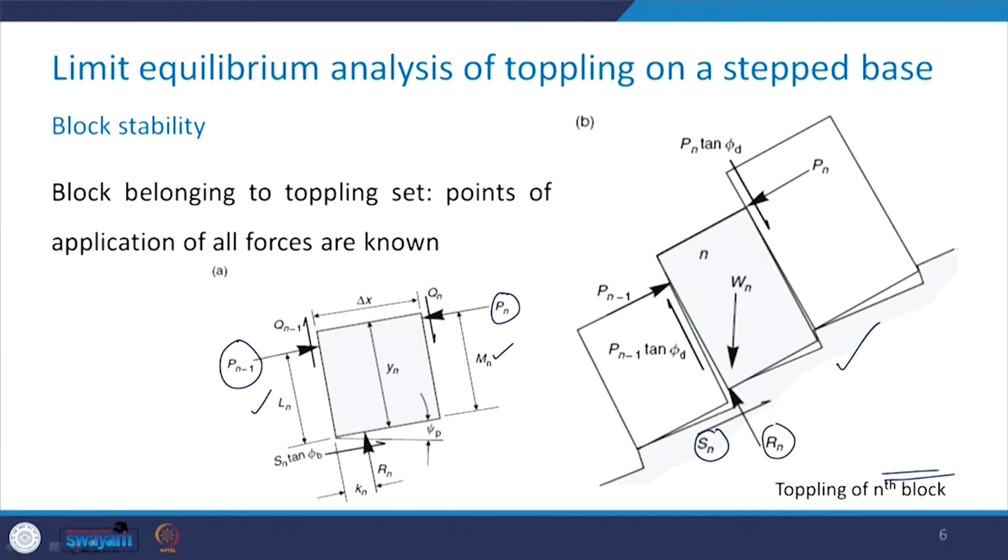So this is the figure again showing the toppling of the nth block, and then these forces are there, Rn and Sn and Pn and Pn minus 1, and here you have Qn and Qn minus 1, which have been represented in terms of Pn and phi d.